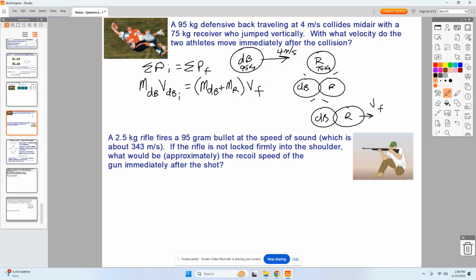Really quickly, we can get an expression for how fast they move afterwards. It is the momentum of the system divided by the mass of the system. So V final would be equal to the mass of the D-back times the initial velocity of the D-back, divided by the sum of those masses.